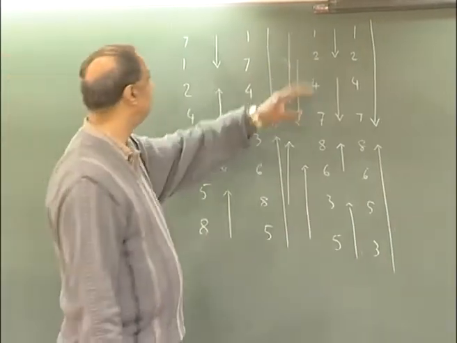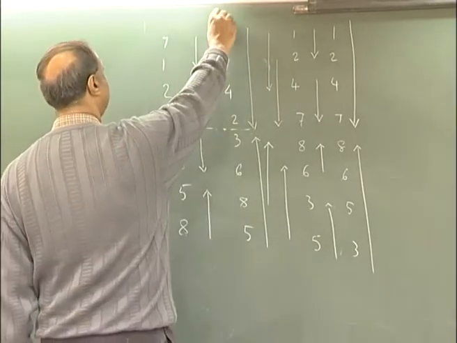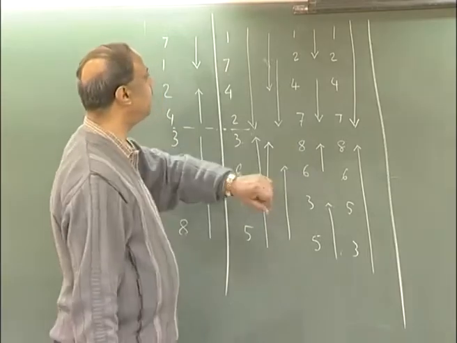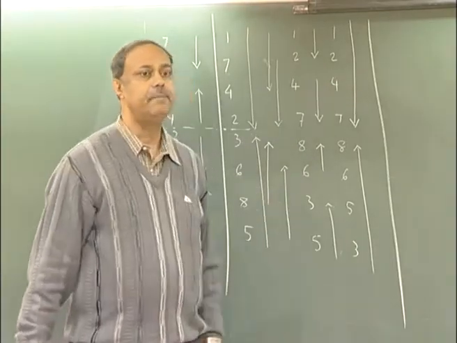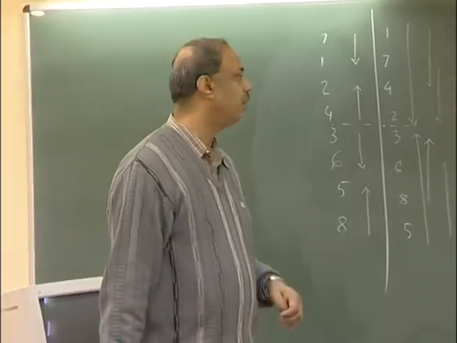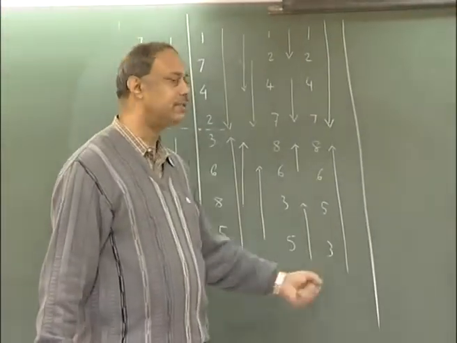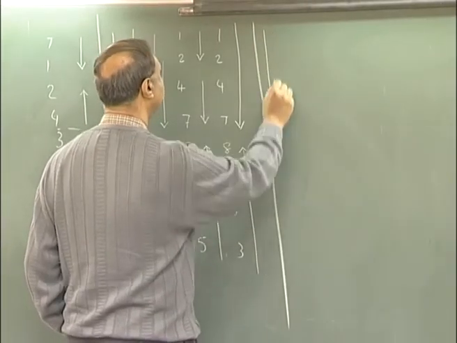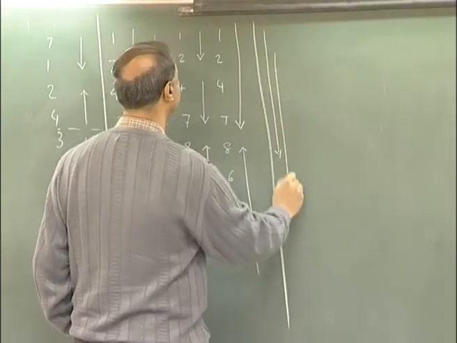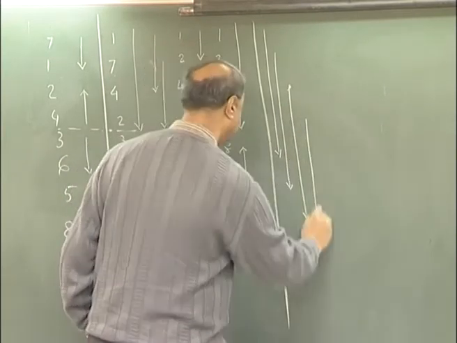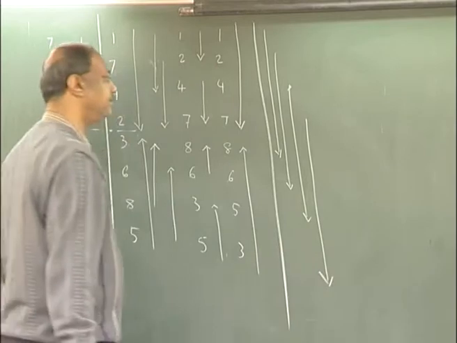Now you observe, at the end of this stage, you get a bitonic sequence of size 8. Now you have to make it a sorted sequence. So A[i] has to be compared. That means this has to be compared with this, this with this, and this with this.